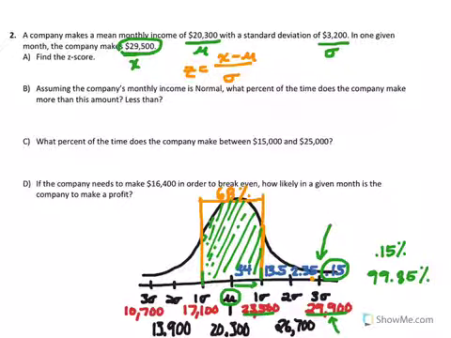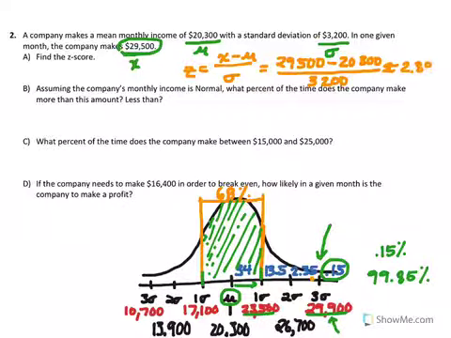So for this particular example, it's just going to be 29,500, subtract out the 20,300, that is our mean, and divide the standard deviation of 3,200. And when we simplify that, we're left with approximately 2.88.